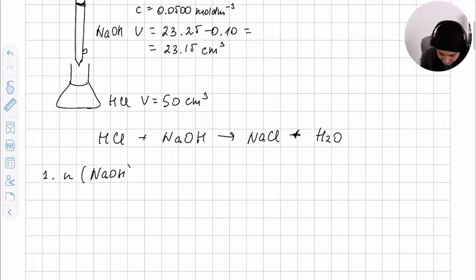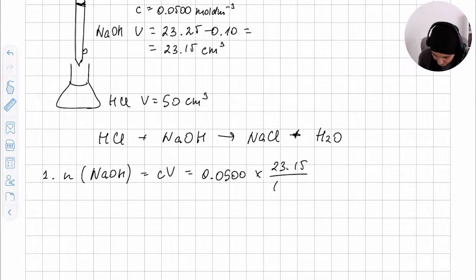Why NaOH? Well, because I know C and V, concentration and volume. The formula to find the moles is C times V. That I'm not explaining, but I hope you know this. Okay, so moles, it's concentration times volume. Volume must be in cubic decimeters. So we do 0.05 times 23.15 over 1,000. That I converted to dm cubed.